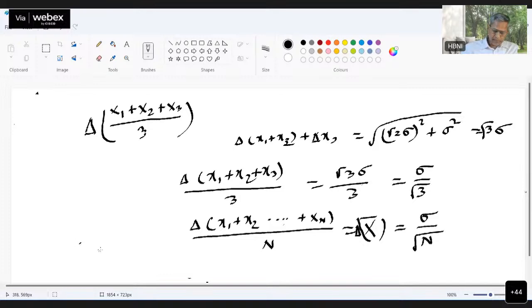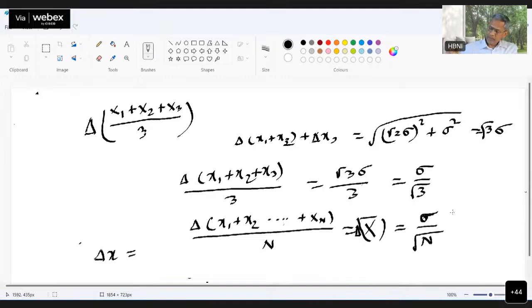Here sigma is the standard deviation of the population.